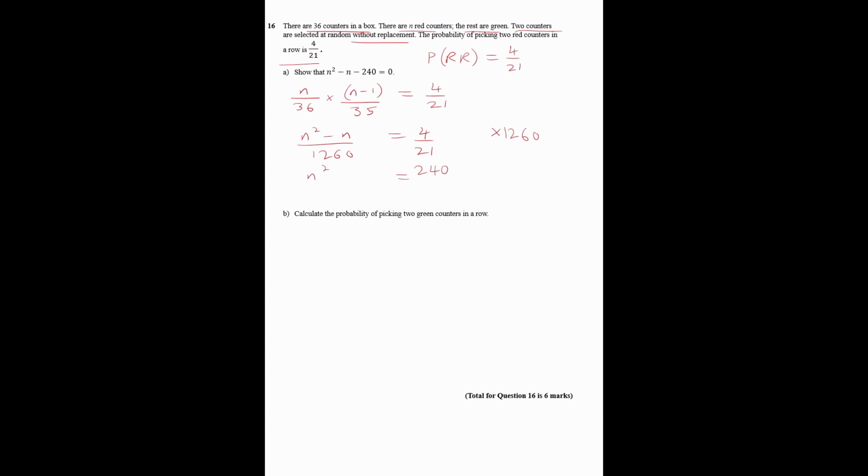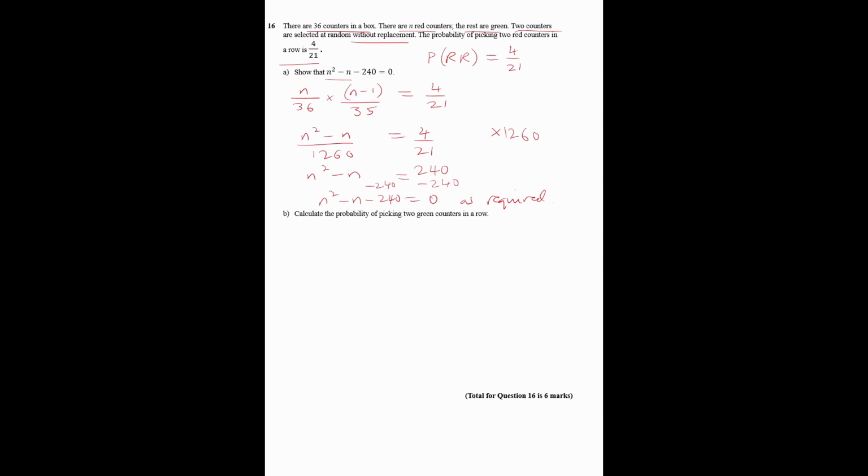I get n squared minus n equals 240, and we can see I'm almost there. I've got n squared minus n over here, and I've got 240 on the other side, so I've just got to take that away. I get n squared minus n minus 240 equals 0, as required. Right, so we have done that, show that.